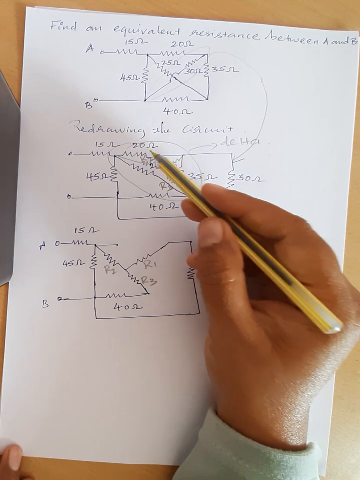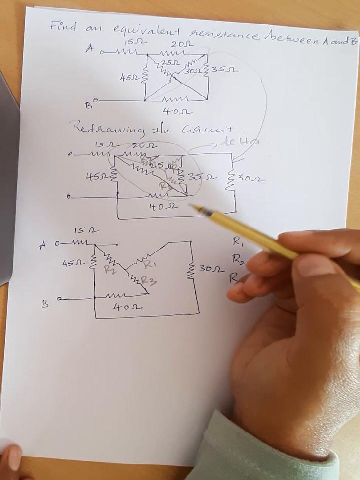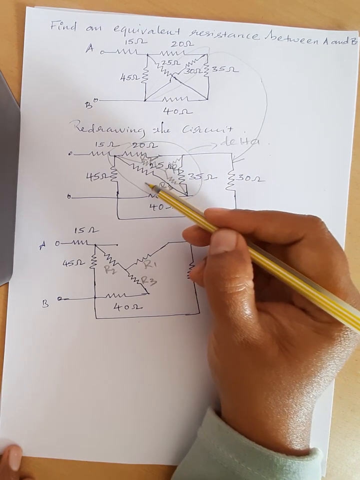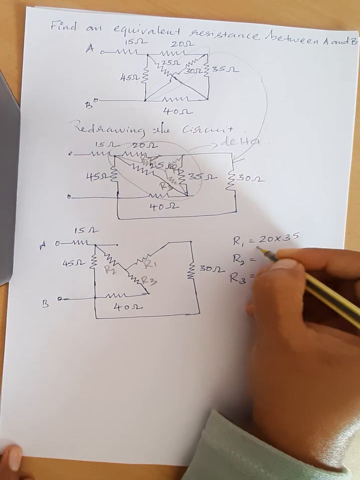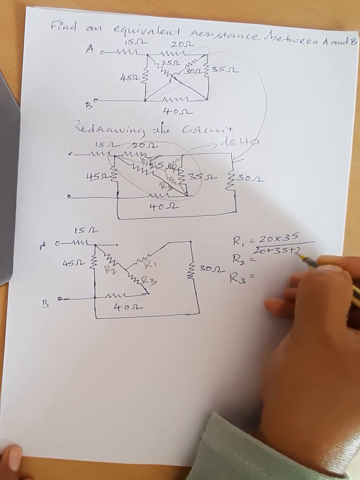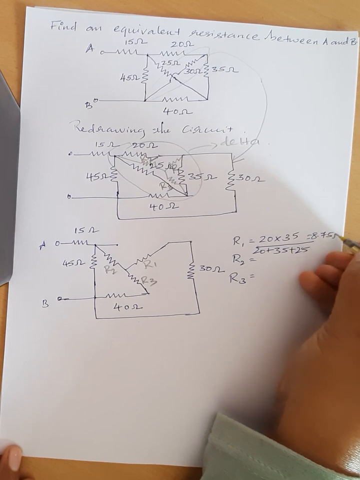So this is R1 resistance. This will be equal to 20 into 35 divided by 20 plus 35 plus 25. You will get 8.75 ohms.